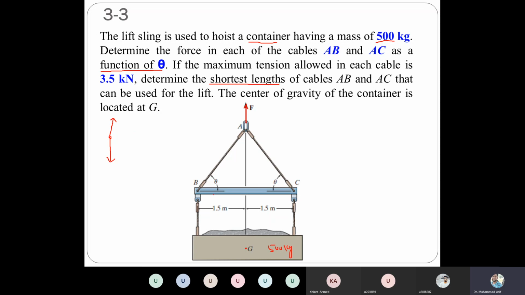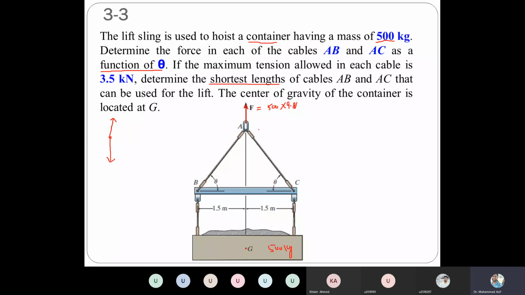So basically this force is equal to this weight. And how much is that weight? That weight is 500 times 9.81, because this is at the terminal point. So that force is basically equal to the whole weight, right?